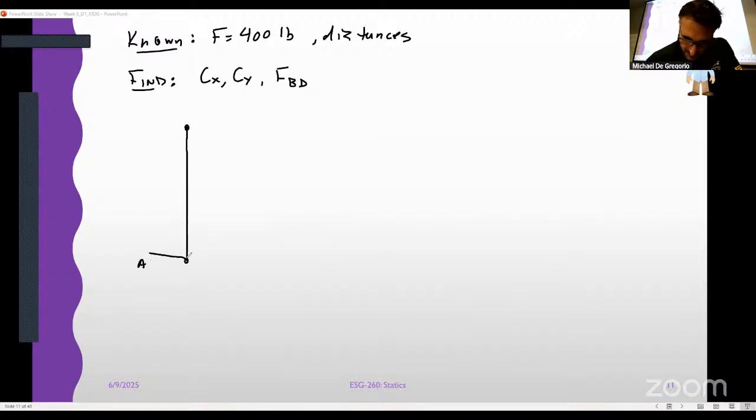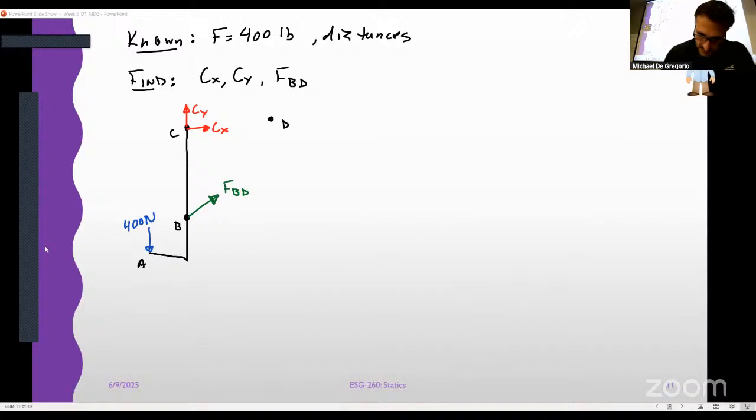Free body diagram. Here's point A. Here's point B. Well, that's not point B. Never mind. Here's point B. And here's point C. CY. CX. FBD. Distances. I'll put point D up here just for references. Oh, forgot one. Sorry. Bless you also. 400 Newton.